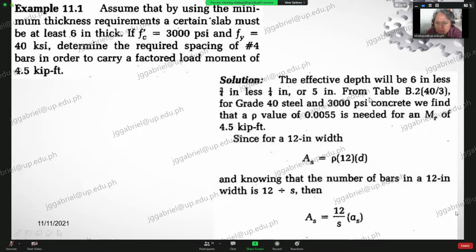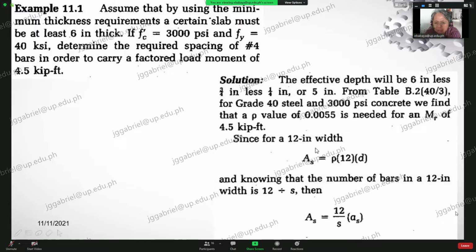Now, it says from table 5.2, 40 by 3 for grade 40 steel and 3000 psi concrete, we find that a rho value of 0.0055 is needed for an MR or resisting moment of 4.5 kip-foot. Ito yung nag-correspond na moment that it should resist. No? You need this rho value or reinforcement na 0.0055.